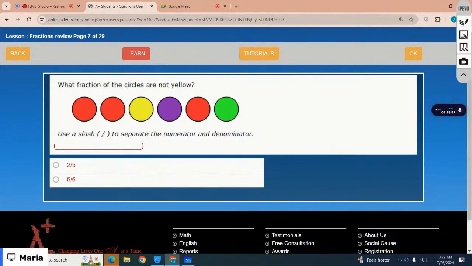The correct option is 5 over 6. Option number 2 is the correct option.